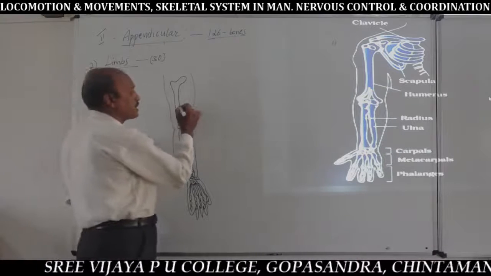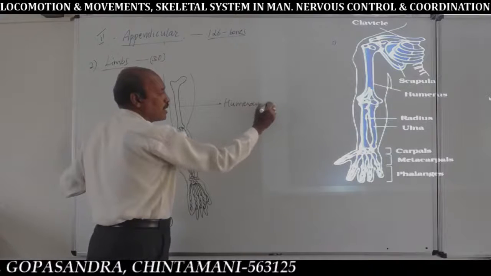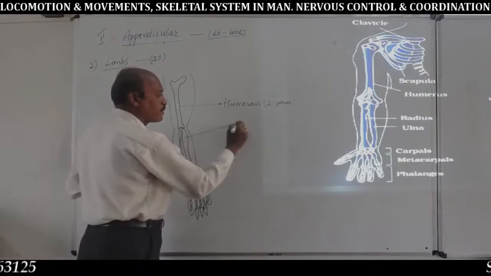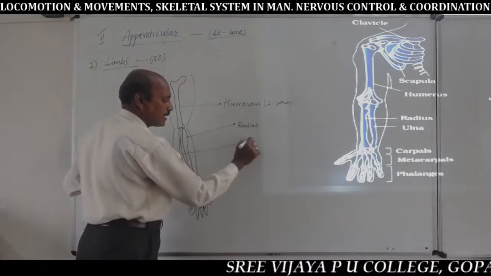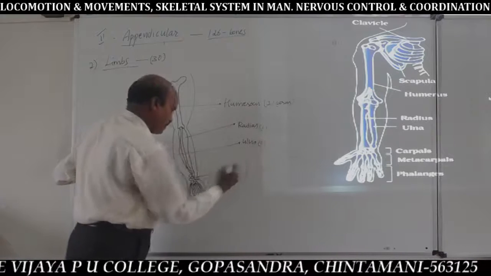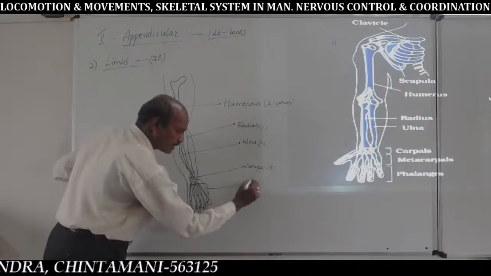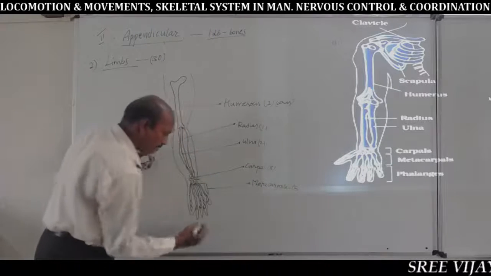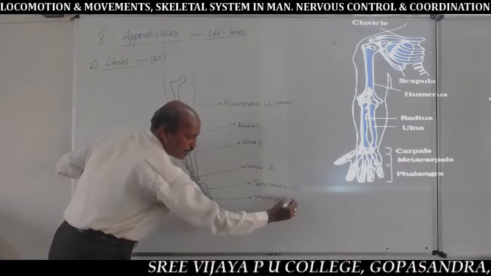Listen here, the forelimb consists of one humerus bone, otherwise called the arm bone, and the radius and ulna, 2 bones, and carpals, 8 in number, metacarpals, 5 in number, and phalanges, 14 in number.